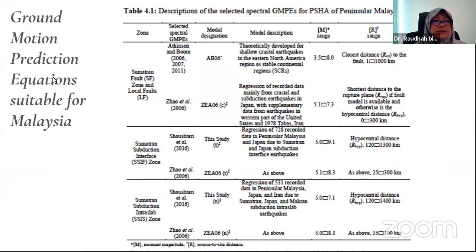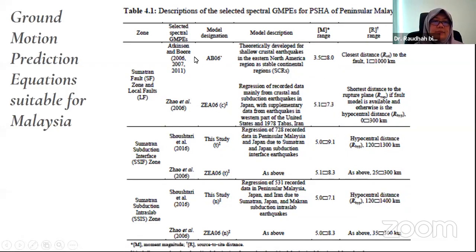Another factor that you will need in order to conduct the seismic hazard assessment is ground motion prediction equations. In this case, we are doing a lot of analysis to find the best GMPE, ground motion prediction equations, for the location of Malaysia.